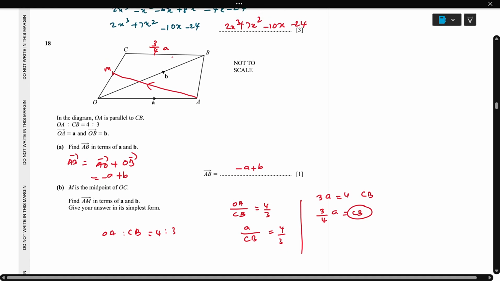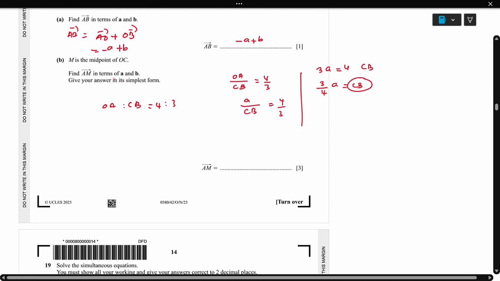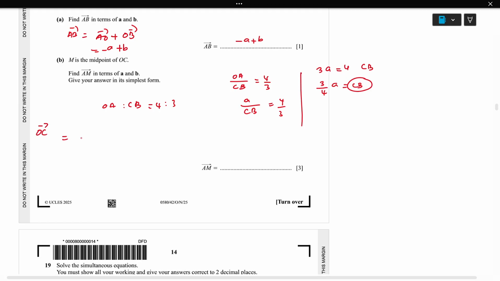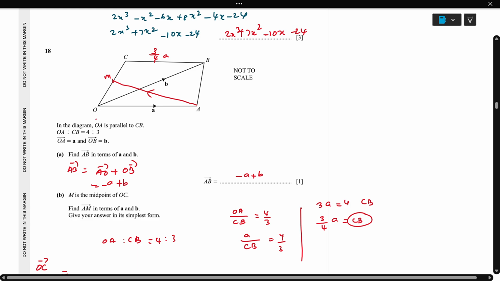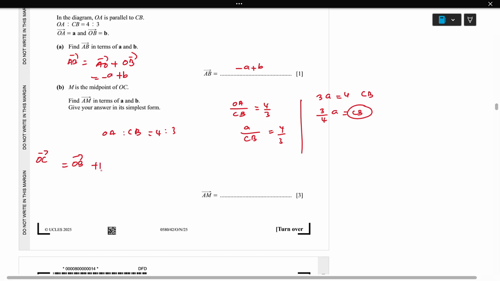Now we have to find OC because M is the midpoint. So now I'll go for OC. Vector OC equals OB plus BC.